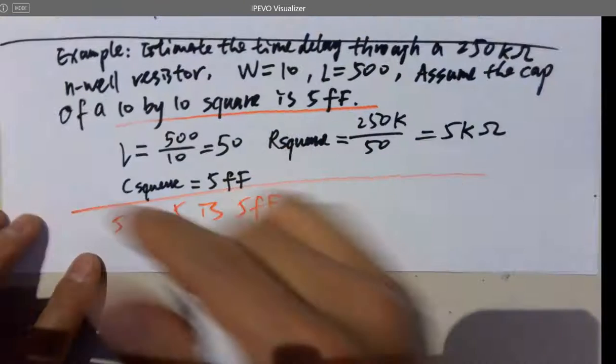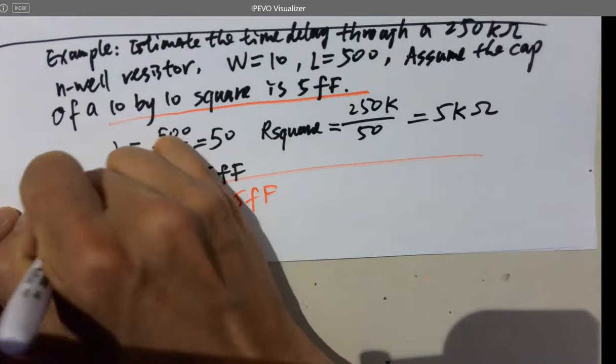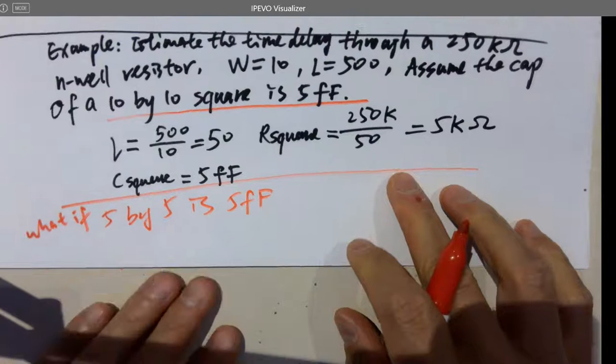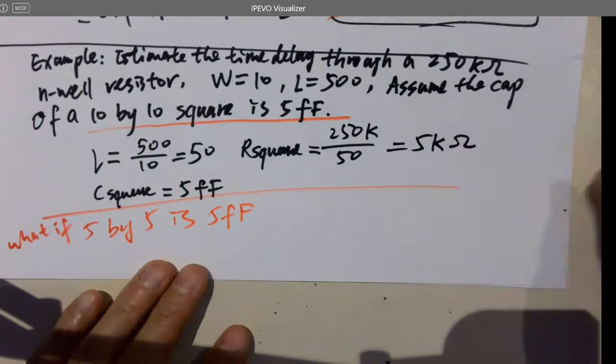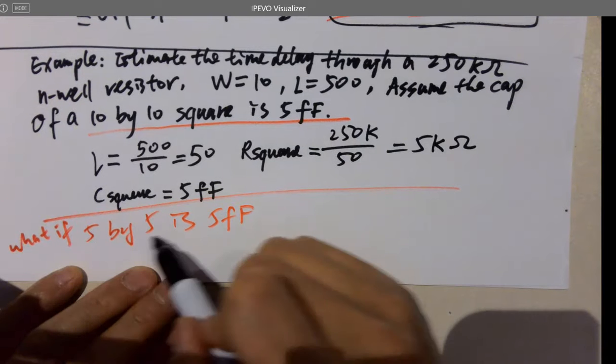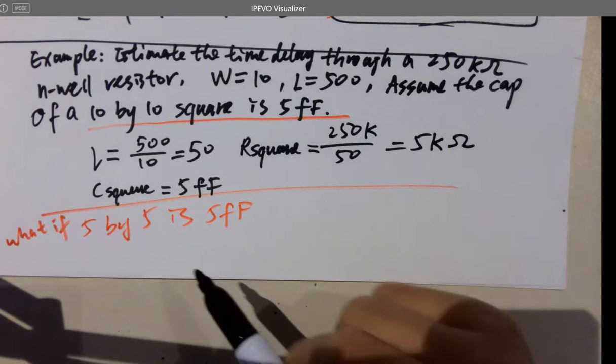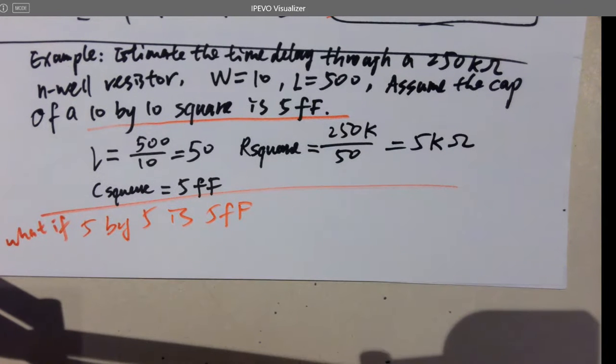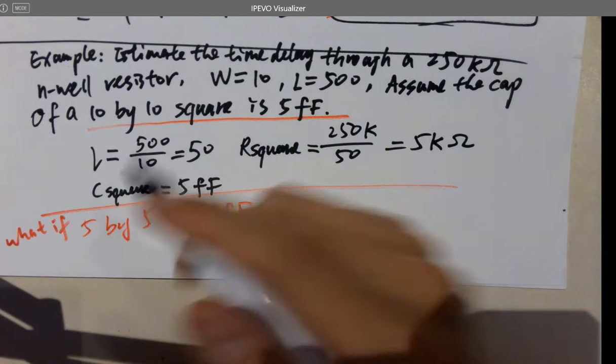How about that? That's a good question. 10 by 10 is 5. 5 by 5, so if 5 by 5 is 5 femto, that's a given condition here. What's the C square in this case?